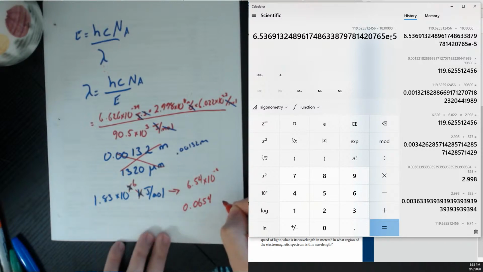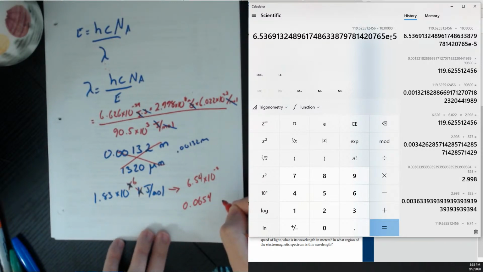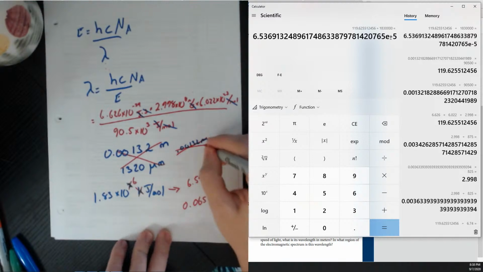Well, that can't be right. It's nearly 1,000 times bigger. It can't be. Oh. Oh dear. Okay, so I see what I did.